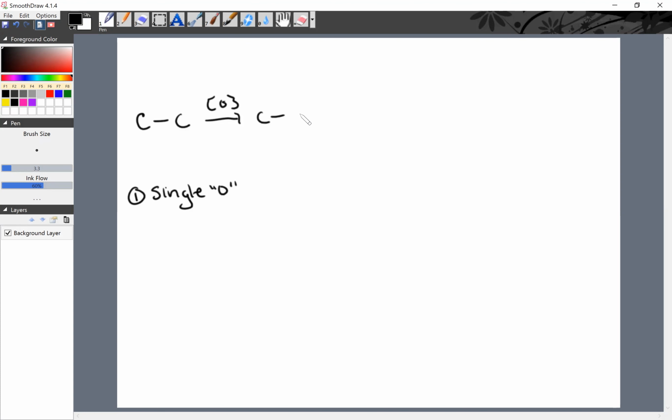And remember, oxygen has two bonds, so when I say an oxygen bond, it really means an OH bond. All right, the next thing is you could double that bond up. So again, our next oxidation step would look like that. So now I have a double bonded oxygen.